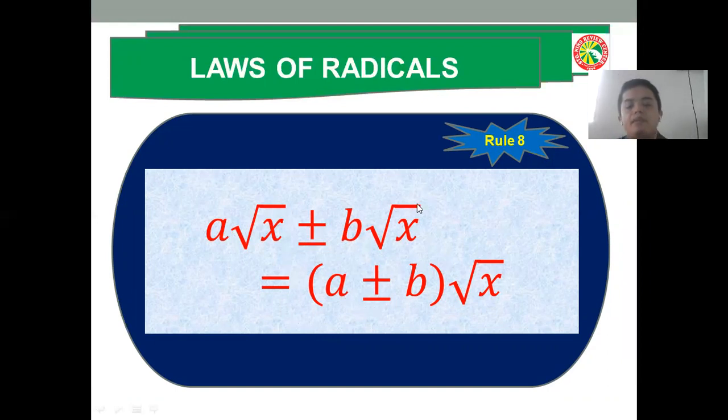You just copy the radicand and then you add or subtract their a and b. Whatever the expressions here, a and b, you add or subtract. Make sure that once you add, the radicand must be the same. In this case, since square root of x and square root of x, you can add.